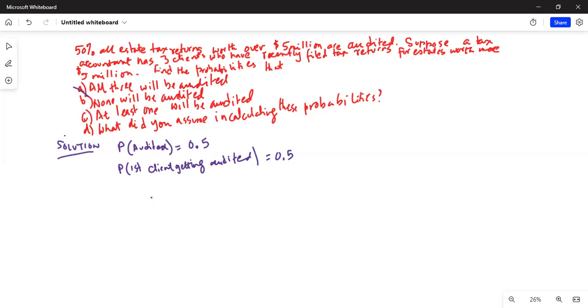Now, whether the first client gets audited or not will not influence the second client getting audited. The probability of the second client being audited is also 0.5, and the probability of the third client audited is also 0.5.